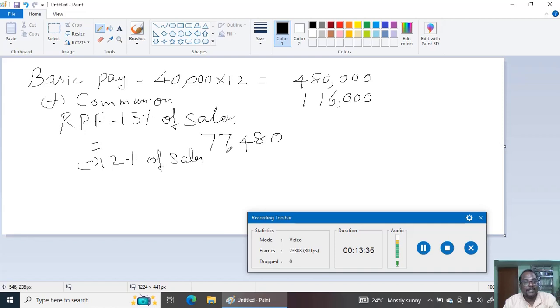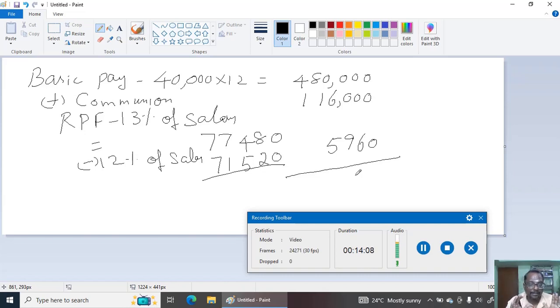So 12% of salary is 71,520. So the income that came to us is 77,480 rupees. But if you ask how much exemption we can take, we take 71,520 rupees and the balance 5,960 is the taxable amount. You will be able to understand what I am telling. Okay, 5,960 is the taxable amount.